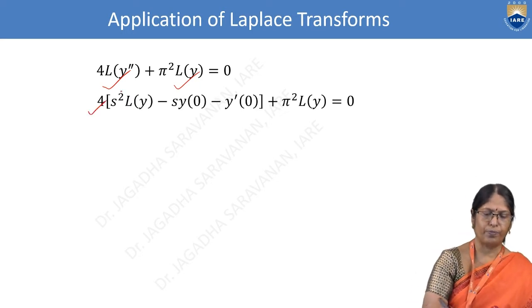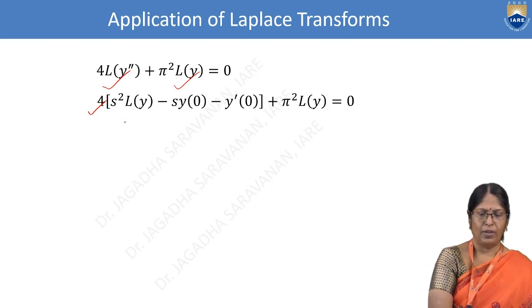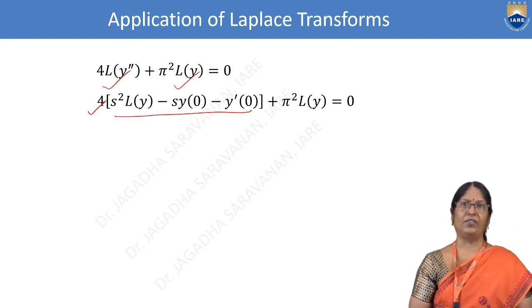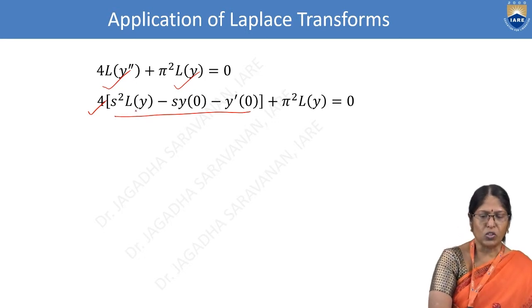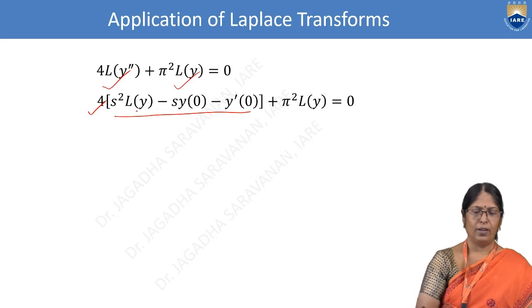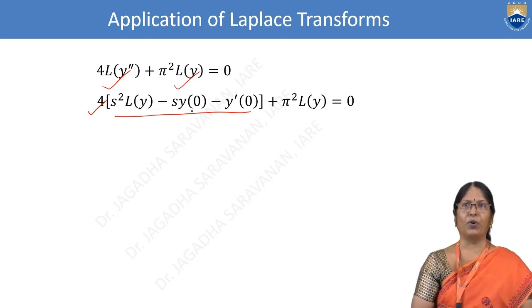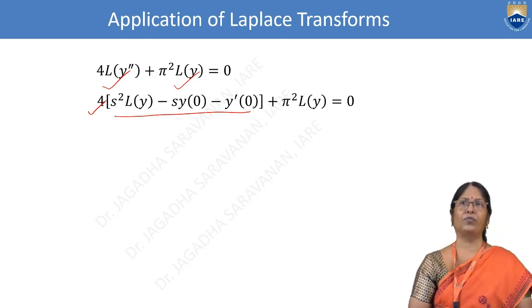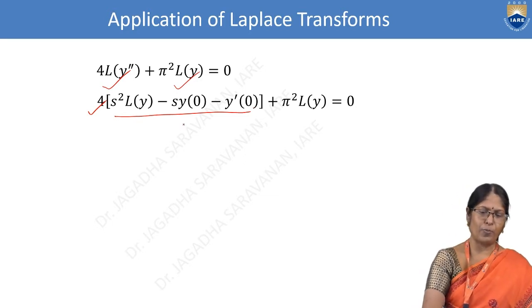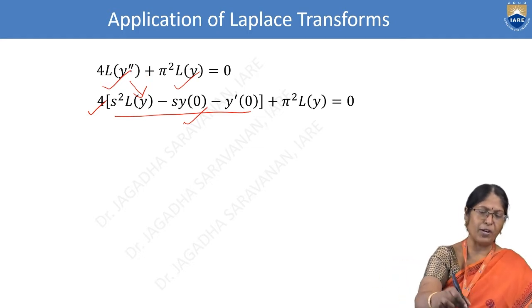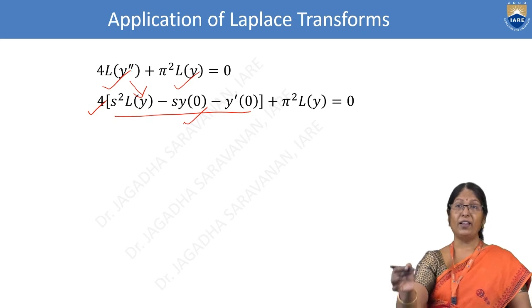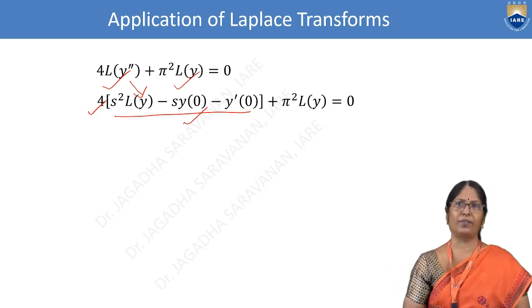Now for L of y double dash, the formula we write is s square into L of y minus s into y of 0 minus y dash of 0. To remember this formula easily, our given problem has y double dash, so we wrote it accordingly.